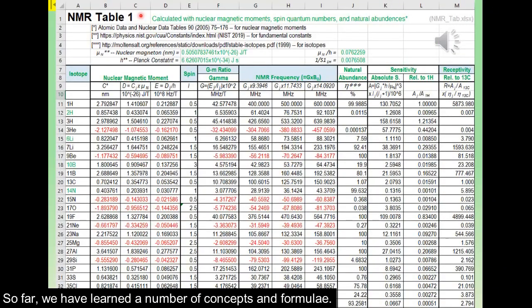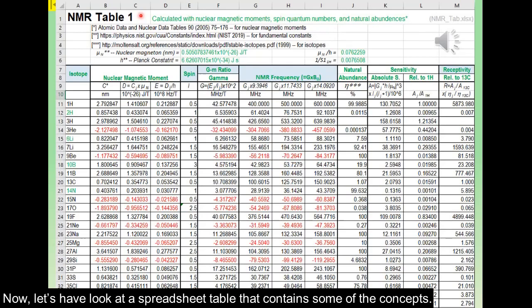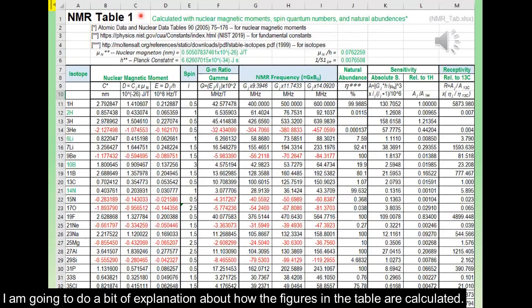So far, we have learned a number of concepts and formulae. Now, let's have a look at a spreadsheet table that contains some of the concepts. I'm going to do a bit of explanation about how the figures in the table are calculated.